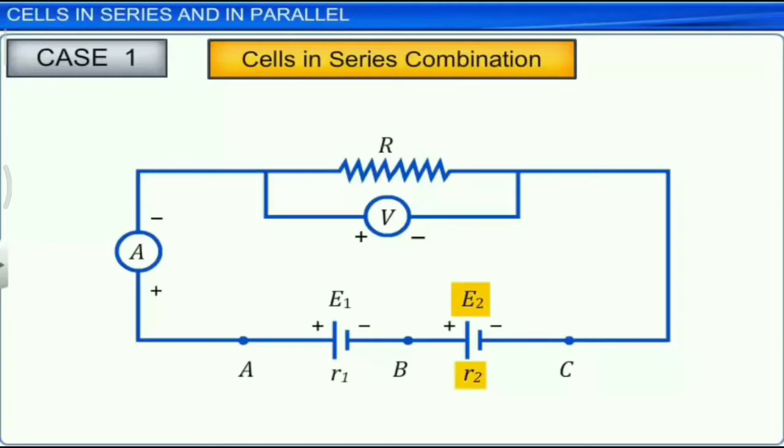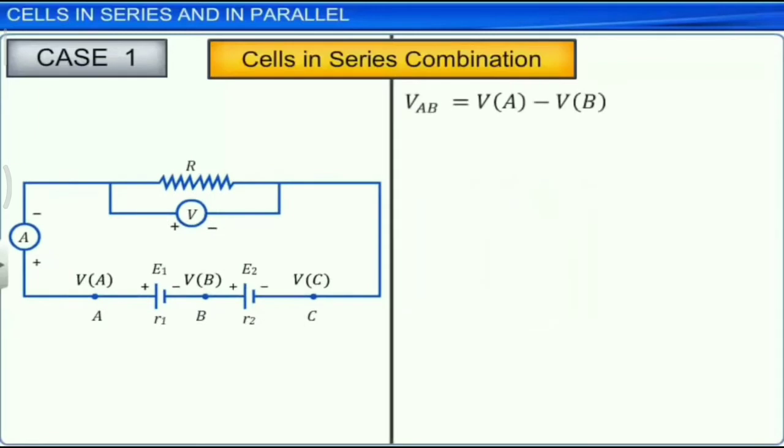The potential at point A is VA, at B is VB, at C is VC. VAB is equal to VA minus VB, the potential difference between A and B.